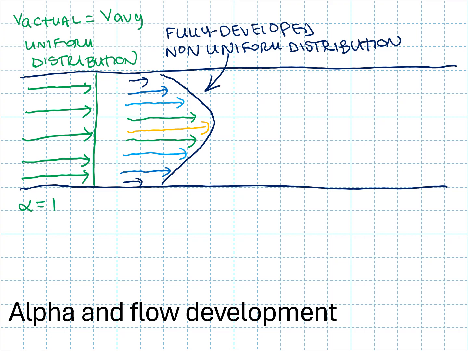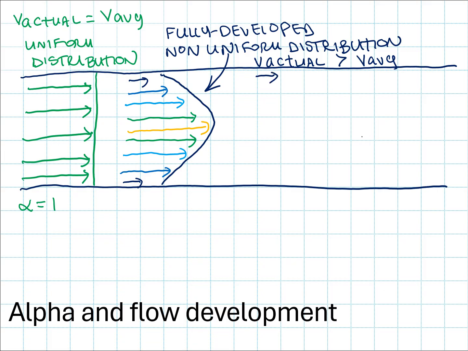So over here in my fully developed non-uniform distribution, now my V actual is going to be greater than my average, and my alpha parameter is going to be greater than 1. But how do I know how much greater than 1 it is? Well, let's think about one more example before I answer that question.